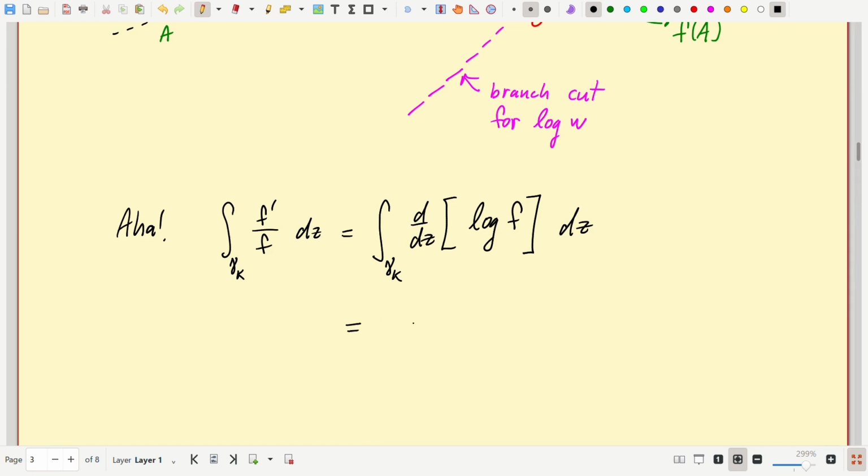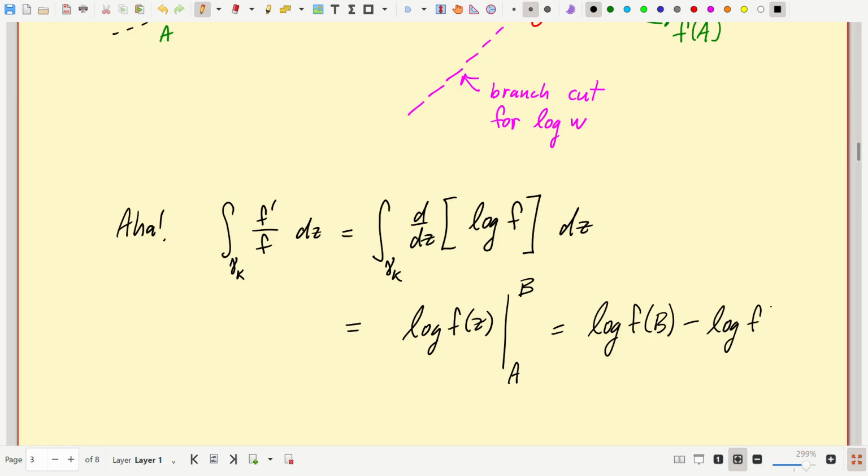And so that would be the log of f of z evaluated between z equals a and z equals b. So I'd get log of f of b minus log of f of a.